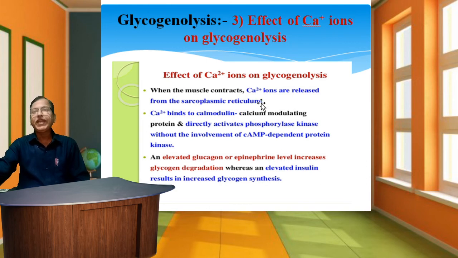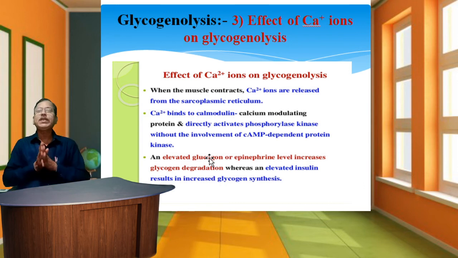When the muscle contracts, calcium 2+ ions are released from the sarcoplasmic reticulum. Calcium 2+ binds to calmodulin, a calcium modulating protein, and directly activates phosphorylase kinase without the involvement of cyclic AMP dependent protein kinase.